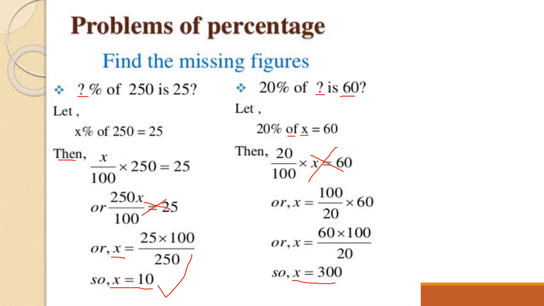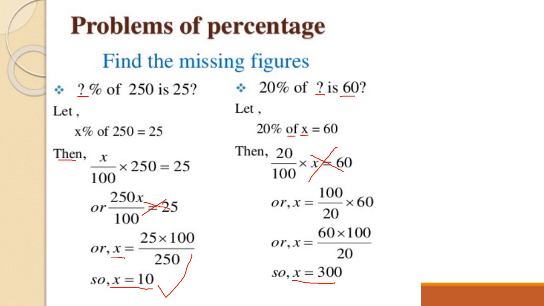Or again, x remains here, so we do the cross multiplication. Okay, x remains here because we need to find x, and it is 25 by 100 divided by 250.